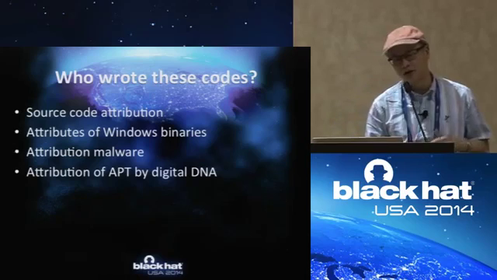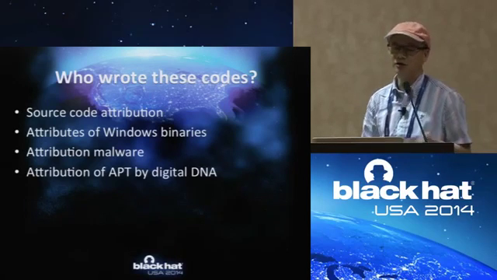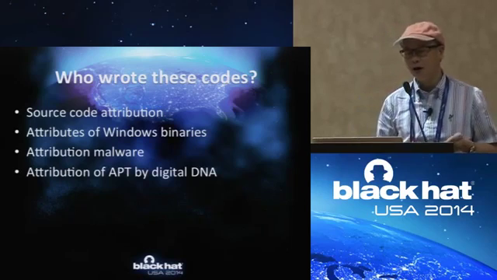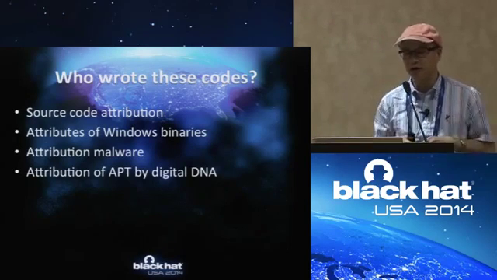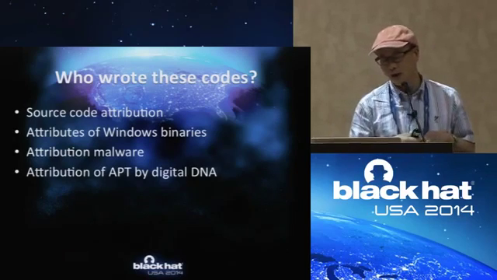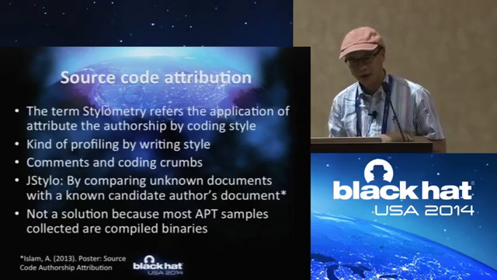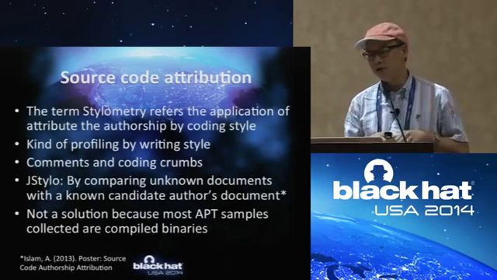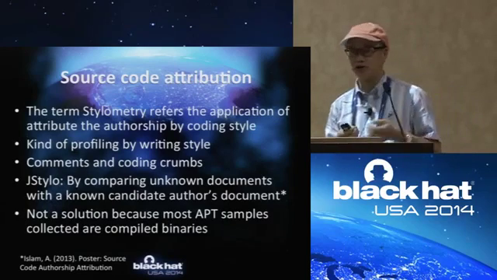So I went to the internet to do some research. There are some kinds of source code attribution of Windows binaries, or attribution of malware, or even some magic things called attribution of APT by digital DNA. The term stylometry refers to the application of attribution of authorship by coding style.